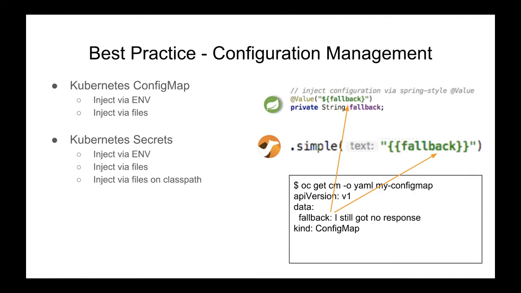Another practice is around configuration management. So when you start to run your Camel microservices in containers, then you can leverage best practices around that from Kubernetes, for example. There's a concept called ConfigMap. It allows you to externalize your configuration from your containers and your application and manage those in Kubernetes as ConfigMaps.